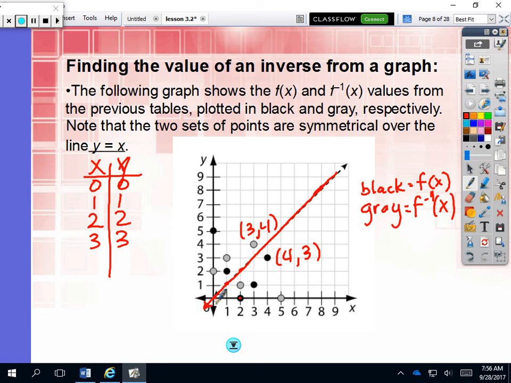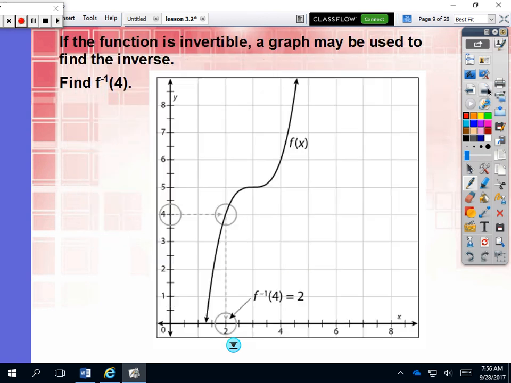So I want you to be able to understand what I'm talking about when I say to plot the line y equals x. But in this slide, it's just important to see that these points are all reflected across the line. This one is 5, 0, 0, 5. This one is 3, 1, 1, 3, etc. So all my points are just reflected across the line from the function to its inverse.